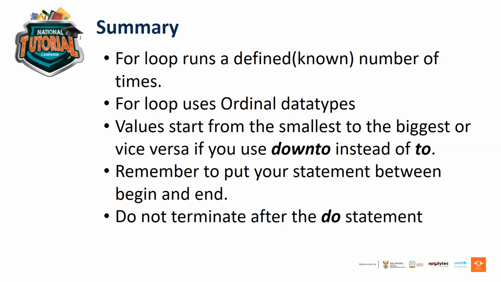This is the one that I want you to do, vice versa, if you use down to instead of to. So in other words, it was saying 1 to 5. You can say 5 down to 1. Remember to put your statements between begin and end. Our display statements were between begin and end, and do not terminate after the do statement. Okay.